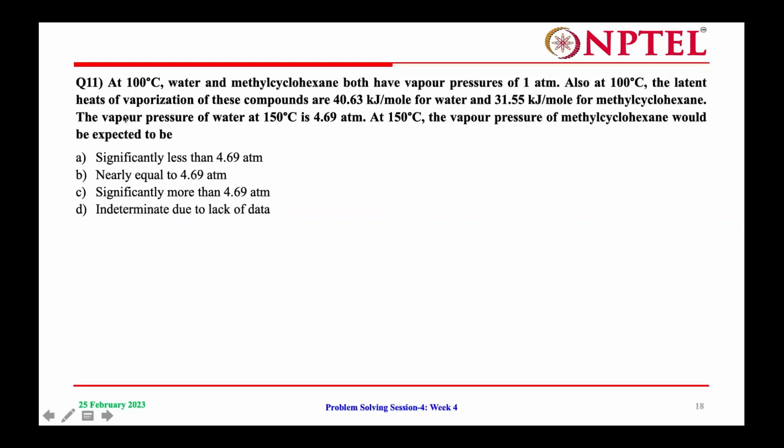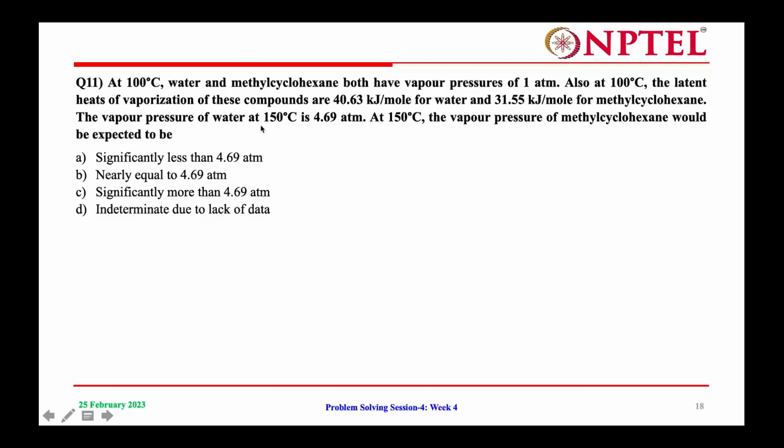Now question number 11: at 100 degrees Celsius, water and methyl cyclohexane both have a vapor pressure of 1 atm. Also at 100 degrees Celsius, the latent heats of vaporization of these compounds are 40.63 kilojoule per mole for water and 13.55 kilojoule per mole for methyl cyclohexane.